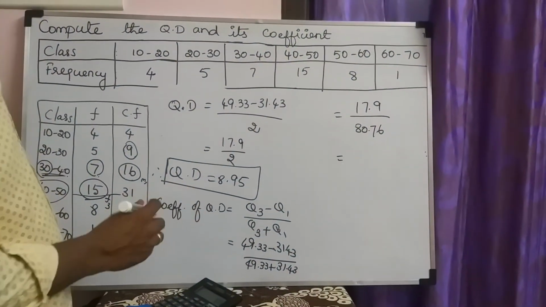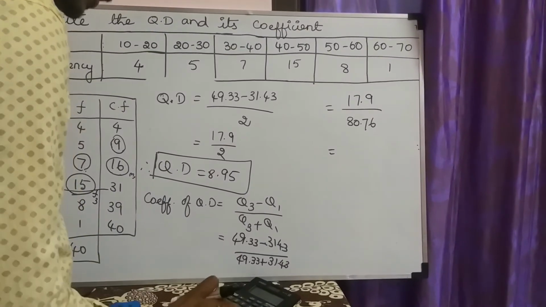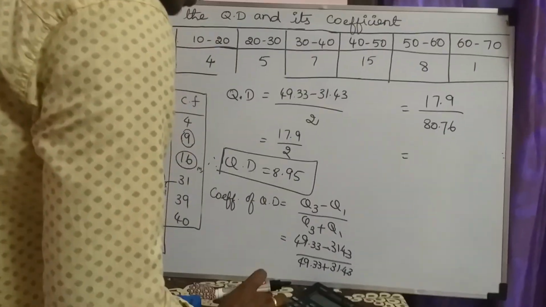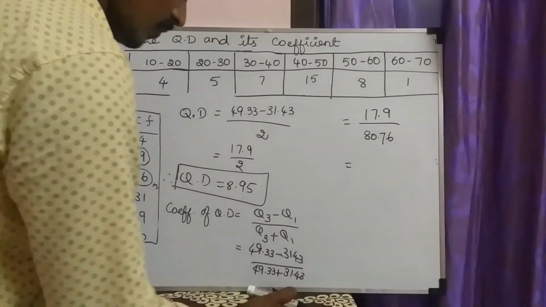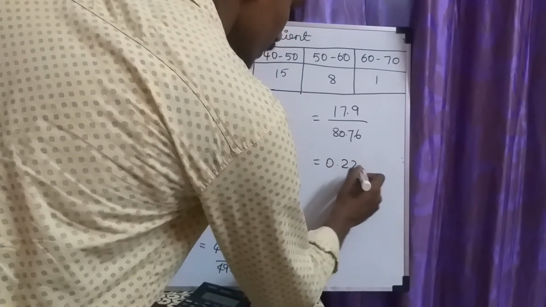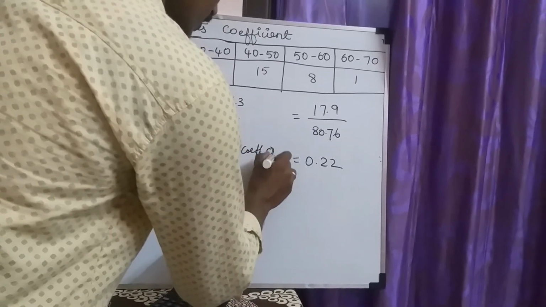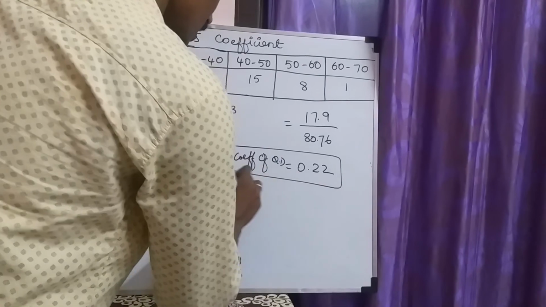Now divide 17.9 by 80.76, and the value is 0.22. Therefore the coefficient of QD equals 0.22.